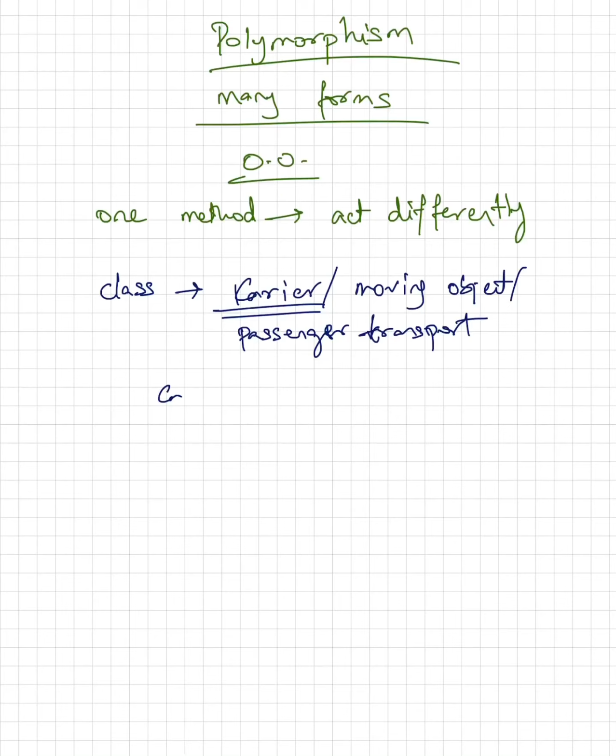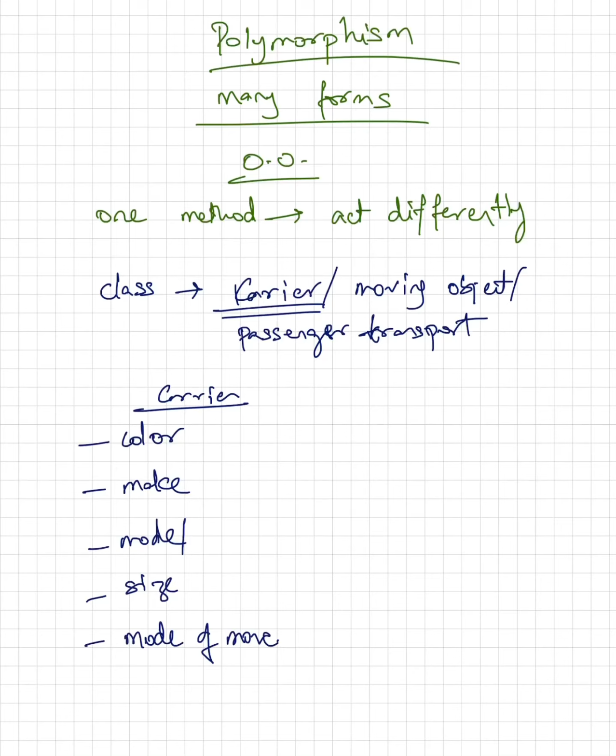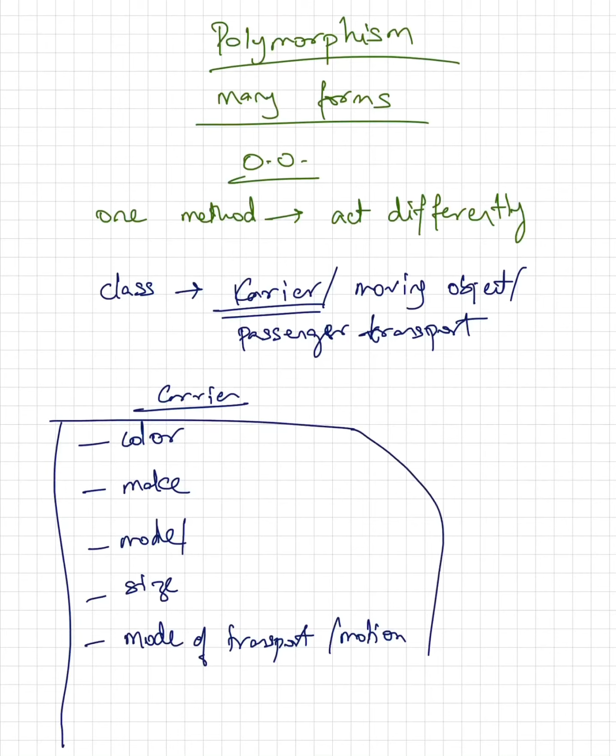So a carrier will definitely have properties like color, make, model, size, mode of movement or transport, mode of transport or motion, so many things. So all these are attributes.